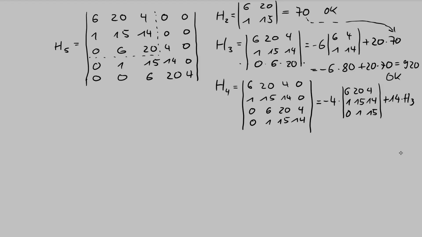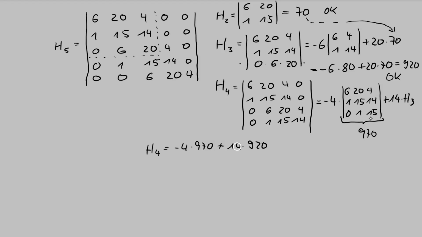If we do this, we see the result of this determinant. I calculated it out of video and got the following value. The result of this determinant is 970, and the final statement is H4 is negative 4 times 970 plus 14 times 920.